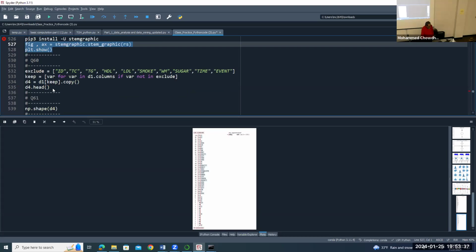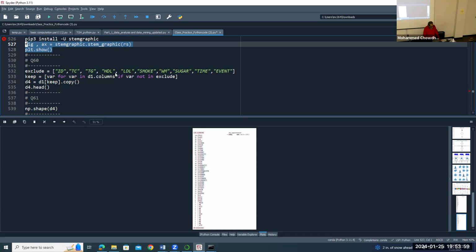60, what I'm doing, I am creating a data set named D4 from the D1 data by ignoring variables that have a lot of missing values: ID, TC, TG, HDL, LDL, smoke, waist, minimum measurement, sugar, time, and event. These are the variables that I do not want.